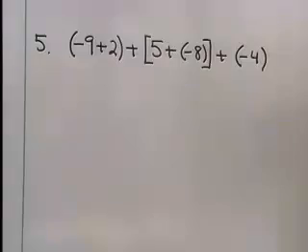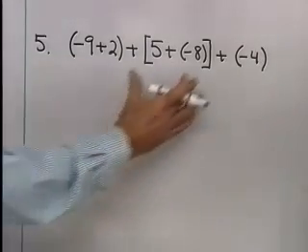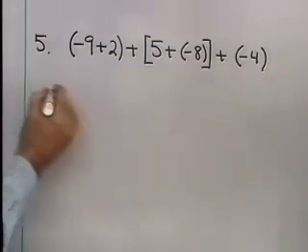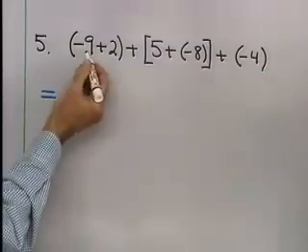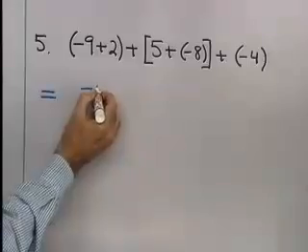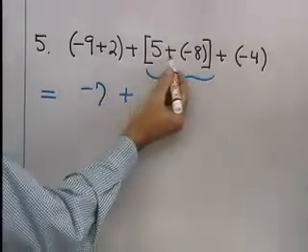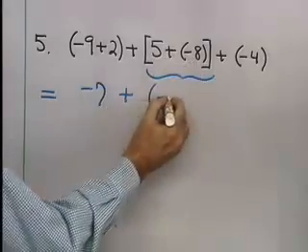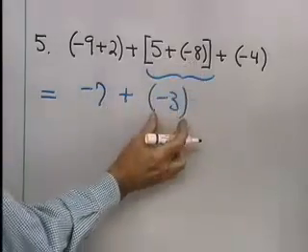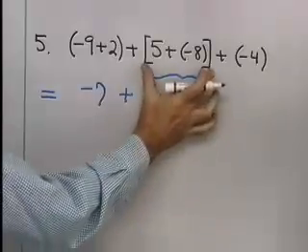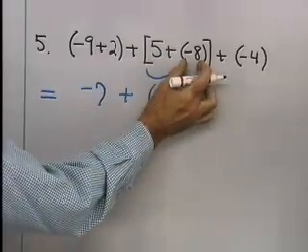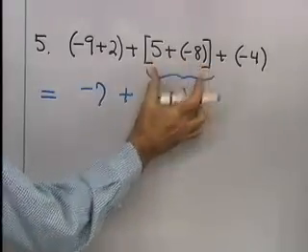Here's our next one. Negative 9 plus 2 in parentheses plus, in brackets this, 5 plus negative 8, plus negative 4. So let's work inside the parentheses. Negative 9 plus 2 is negative 7. Plus, inside the brackets here, 5 plus negative 8 is negative 3. And I'll just go to parentheses since I just have one level. I use brackets here because there was parentheses here, so to distinguish between them, I use brackets.